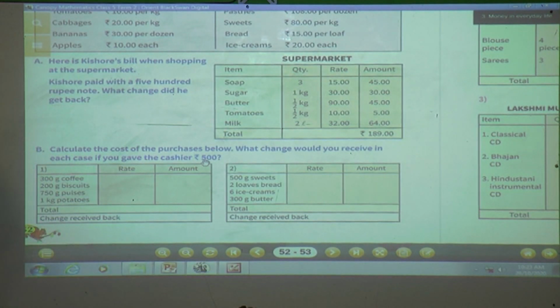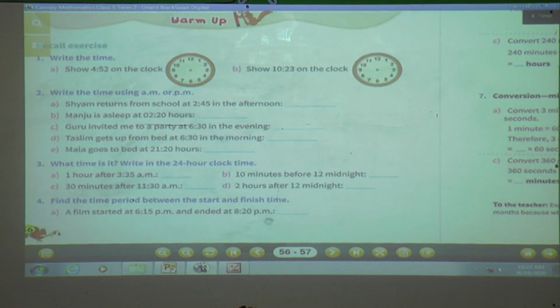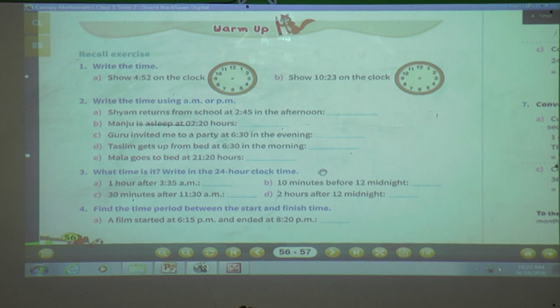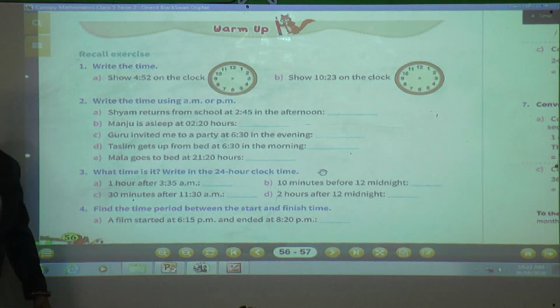Okay. So we'll see our next lesson, time, page number 56. Here all of you know that time. Okay, this one is a clock.